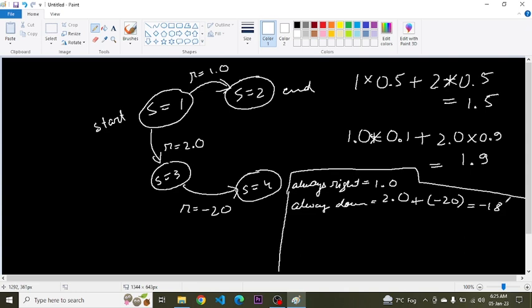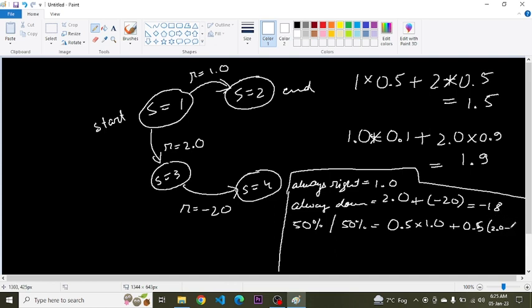And the 50% policy, like this one. So in this case, 50% for this one plus 50% for the down.